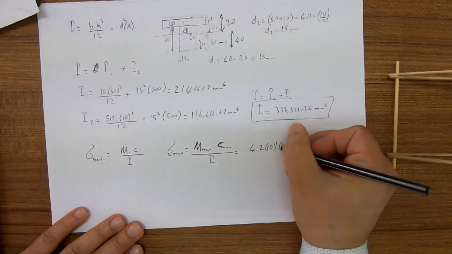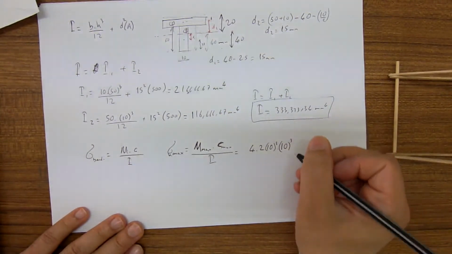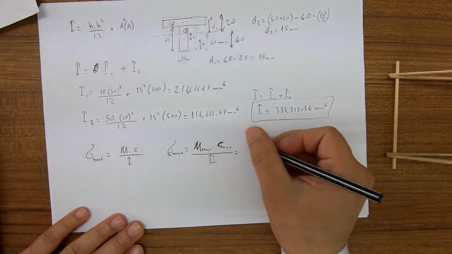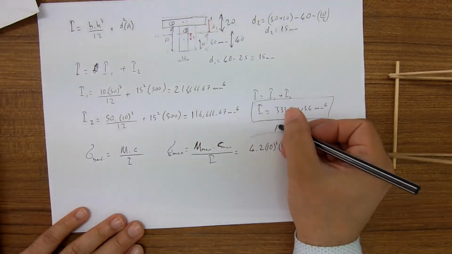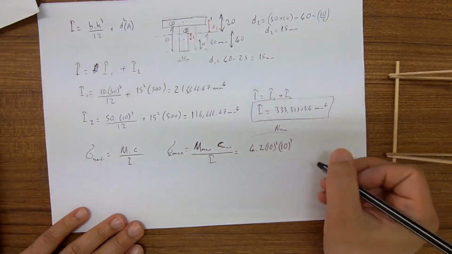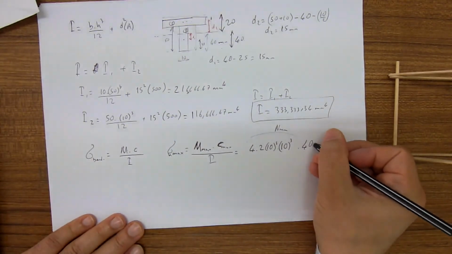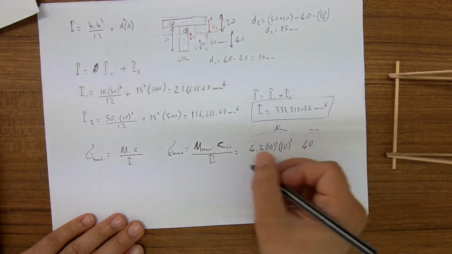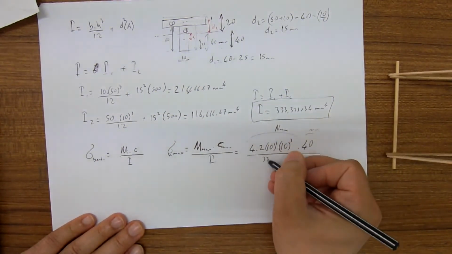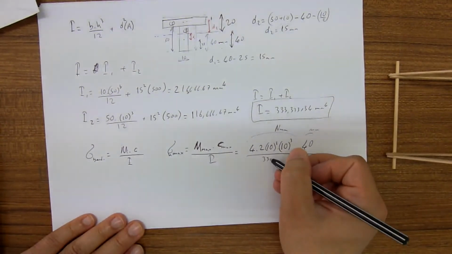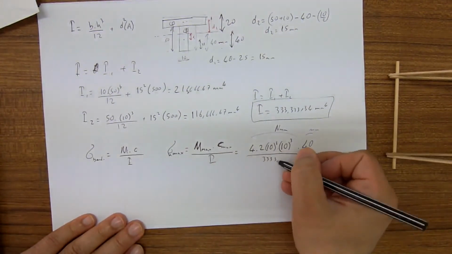So another 10 to the power 3. So now this became newton millimeter, times c max was 40 millimeters, divided by 333,300.